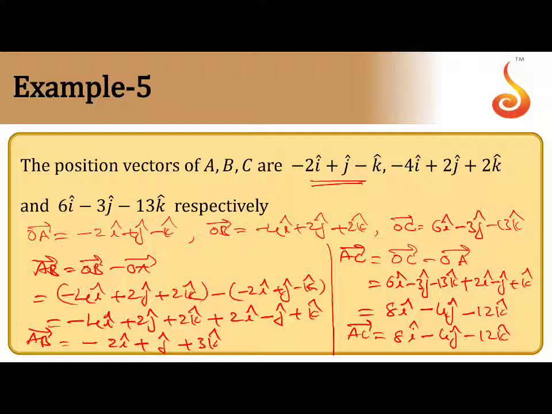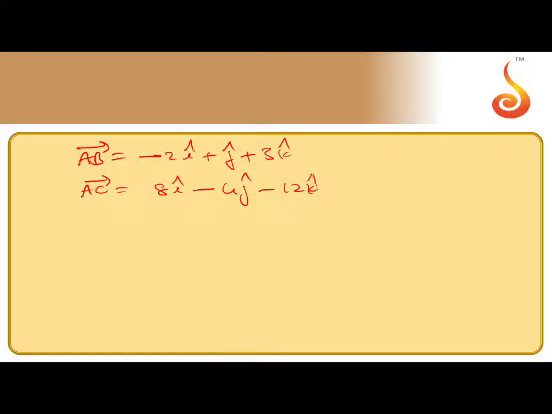Let us observe. AB vector we got as -2i + j + 3k. AC vector we got as 8i - 4j - 12k. I will take the next page and write the final conclusion. Now you can take something common from AC.